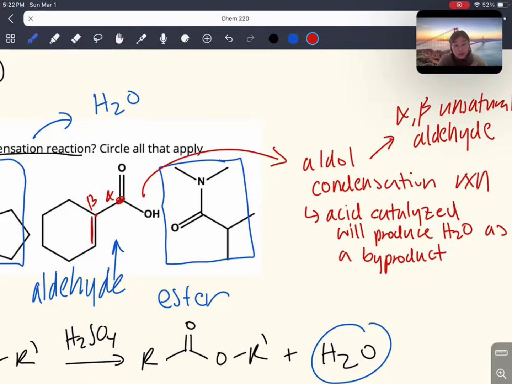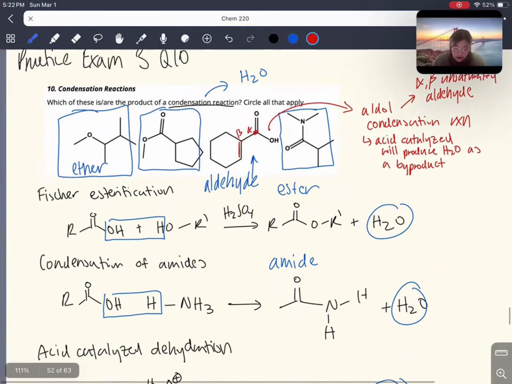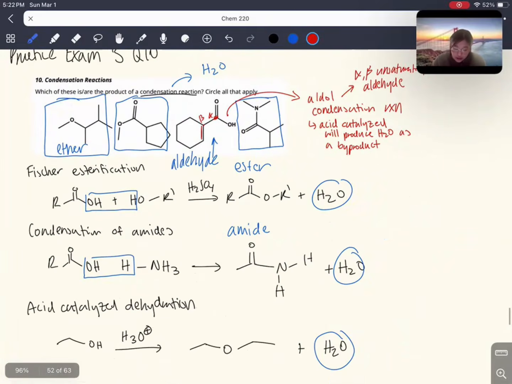Because this molecule had an aldehyde group but did not have that double bond attached to the beta carbon, it's not the product of an aldol condensation reaction, and therefore it's not the product of a condensation reaction. That is not how the aldehyde was formed. And so that's why the answer to this question is only the first, second, and third molecule.